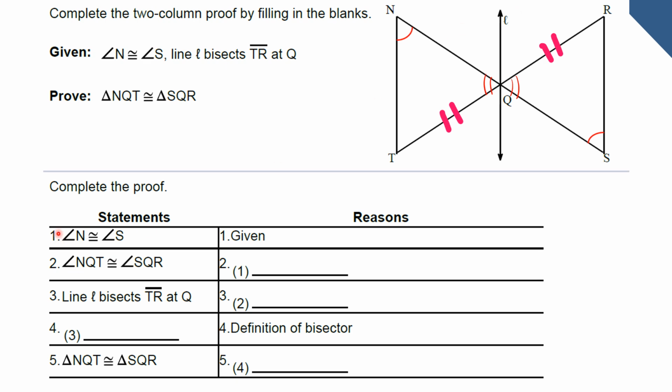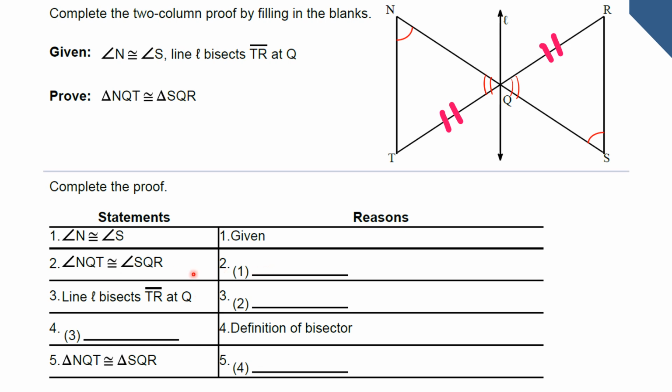The first line says the statement is angle N is congruent to angle S. That was given to us, and they already had that filled in. The next line says angle NQT is congruent to angle SQR. We just noted that, didn't we? We just wrote those little tick marks. And what was the reason?